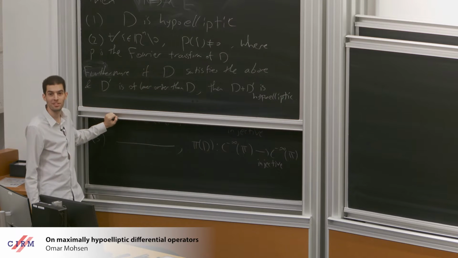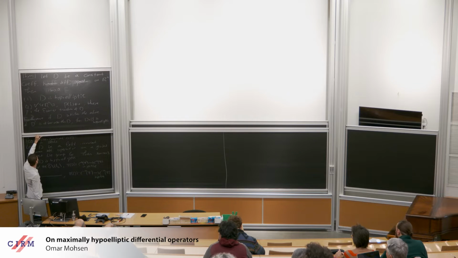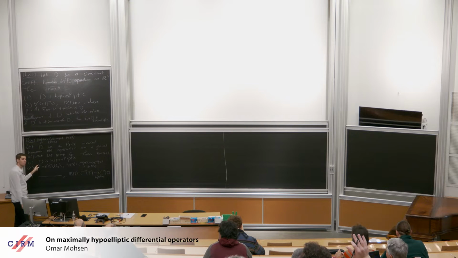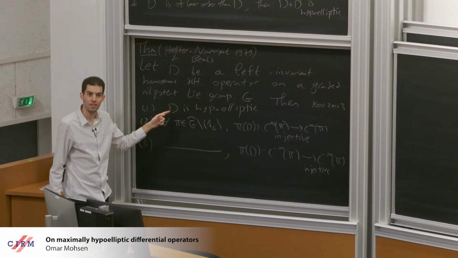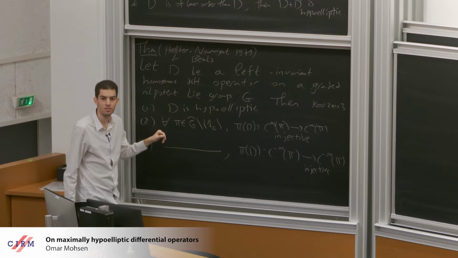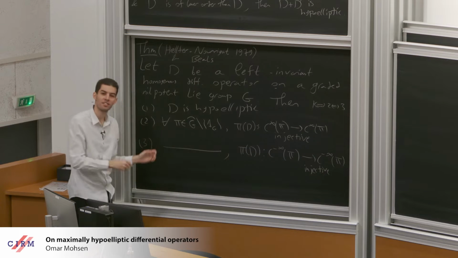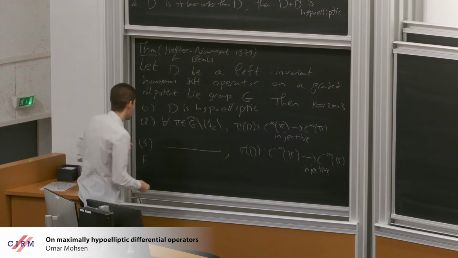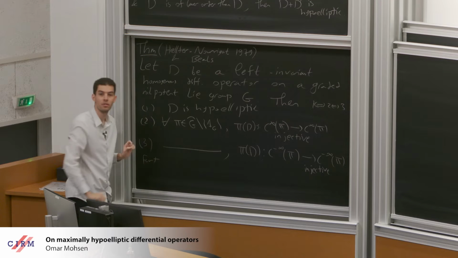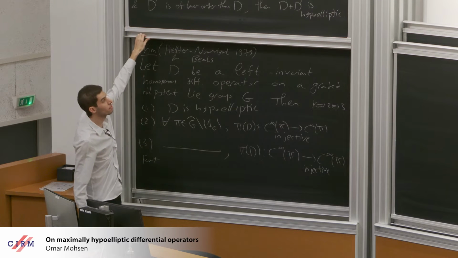You actually don't need that. But, and here also, you don't need it to be left invariant. So furthermore, but that's harder to prove, it's also true: D plus D prime is hypoelliptic.